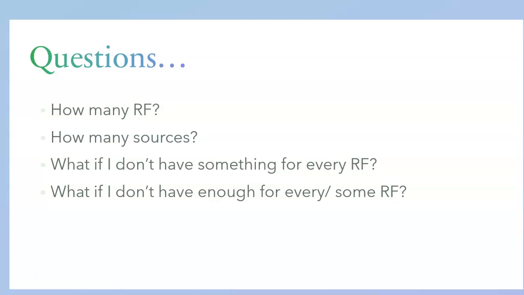And what if you don't have enough for every risk factor? Or what if one risk factor has 5 references and another has none or 1? That's okay at this point in the semester because you're just beginning. And this is a process that will grow throughout the semester of our time together.